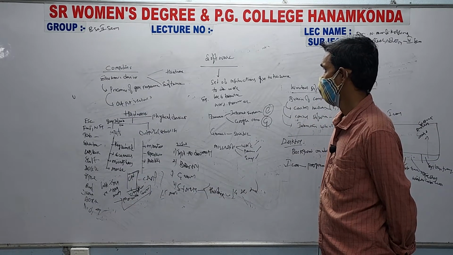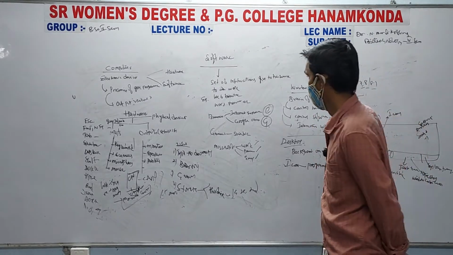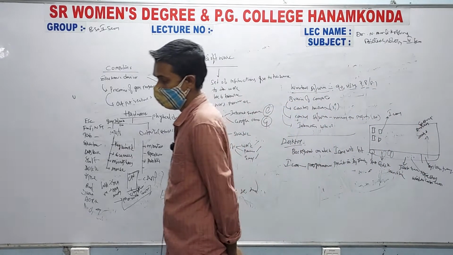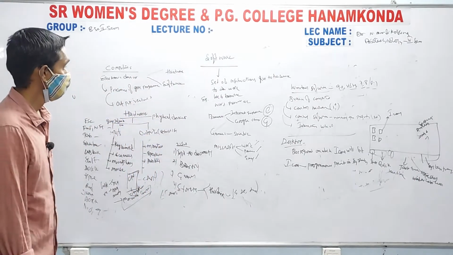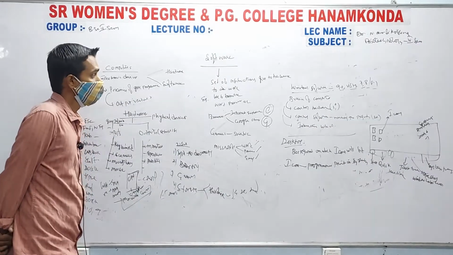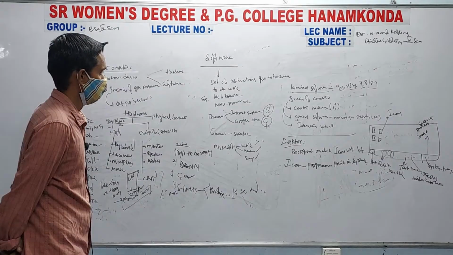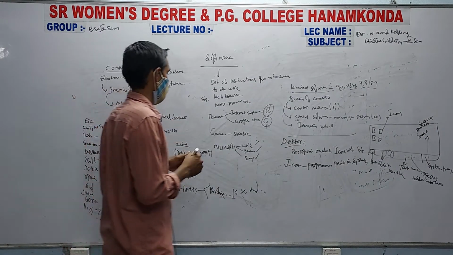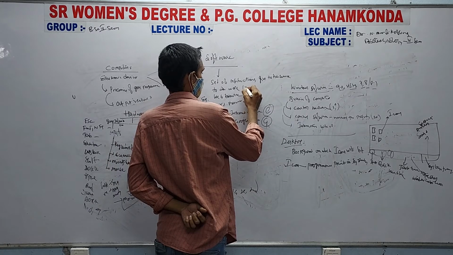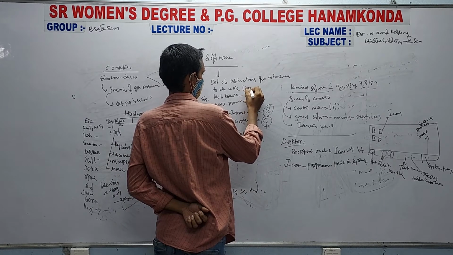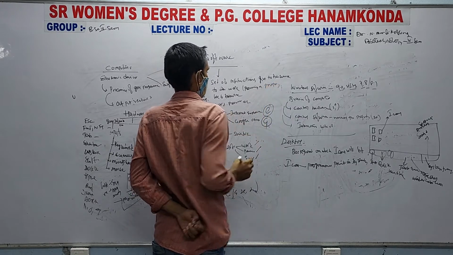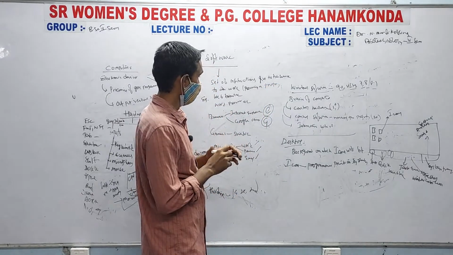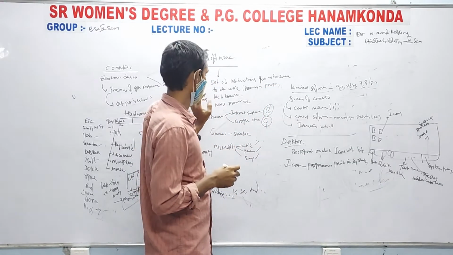So coming to software, these are the set of instructions which are given to the hardware to perform the function, that is processing of a program. So the instructions to run a program are given by the software.